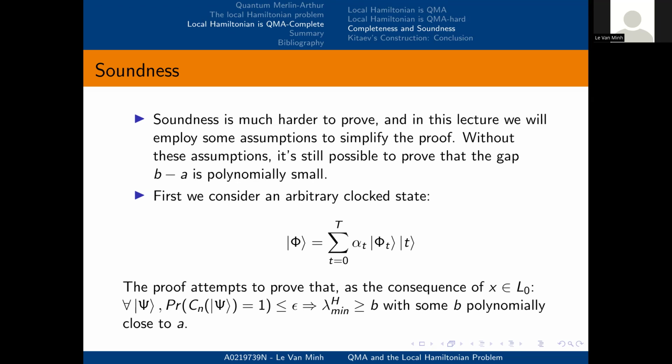The proof then attempts to show that as a consequence of x belonging to L0, that is, with all the witness states psi, the probability of seeing accepting psi is small. And this, as a consequence, leads to the eigenvalue of H always being larger than some b, that is polynomially close to a, as we have been saying before.